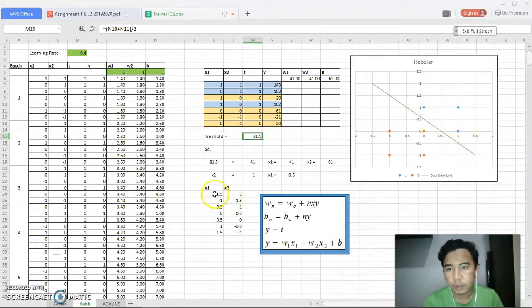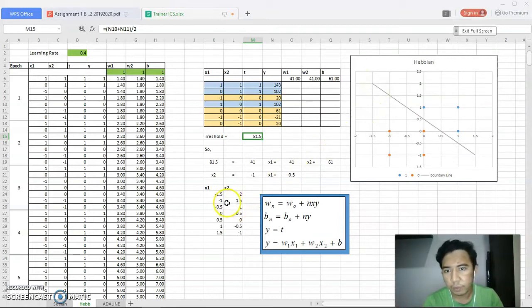So we set x from negative 1.5 until 1.5, from here to here. Then we insert the value of x1 into this formula, and we are able to find the value of x2. For negative 1.5, we got the value 2 for x2, which is here.